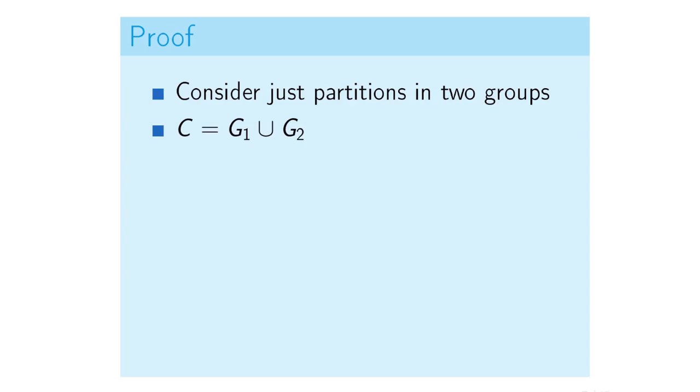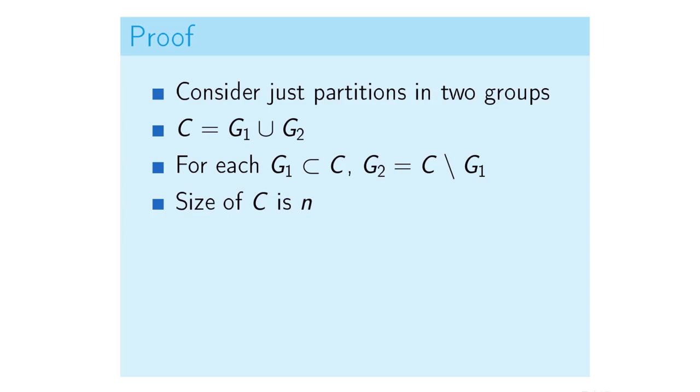Really, if C is a union of two groups, G1 and G2, then basically we can make such partition for any G1 which is a subset of C of all children. For any G1, just make group G2 containing all the children which are not in the first group. And then all the children will be divided in these two groups.